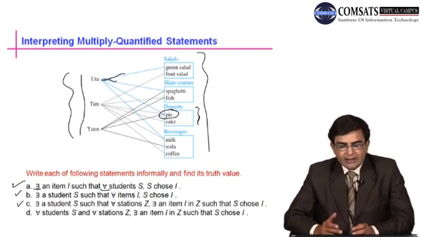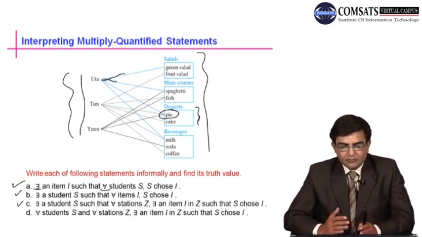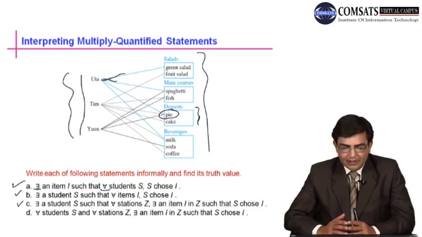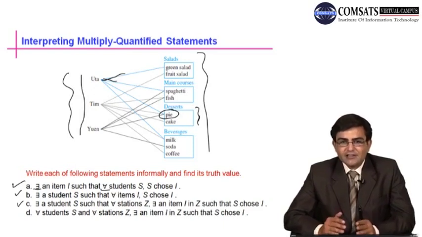That is, Uta chooses green salad from the first station, salads. From the second station, main courses, he chooses spaghetti. From the third station, he chooses pie. From the fourth station, he chooses milk. So from every station, he chooses at least one item.